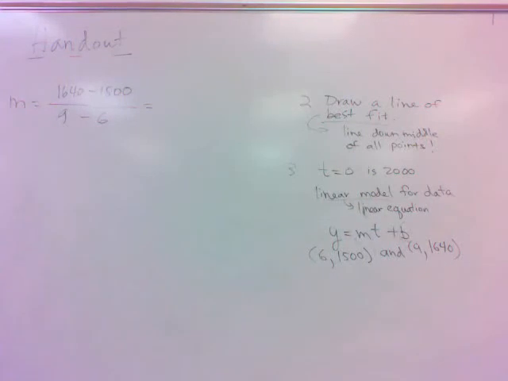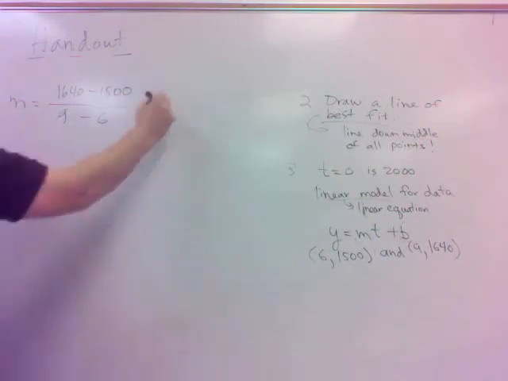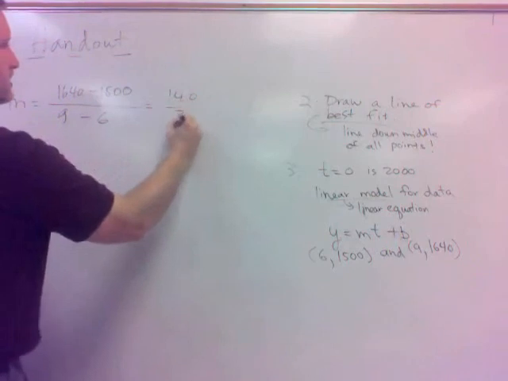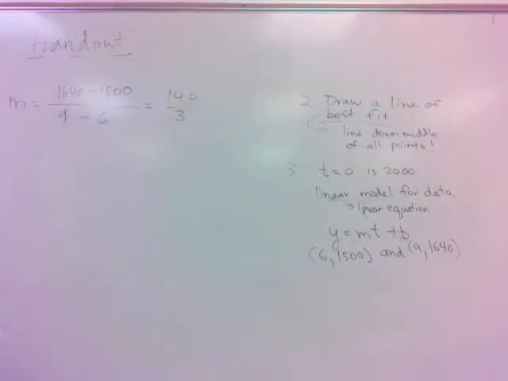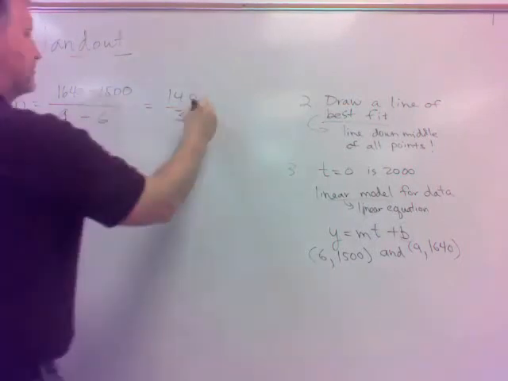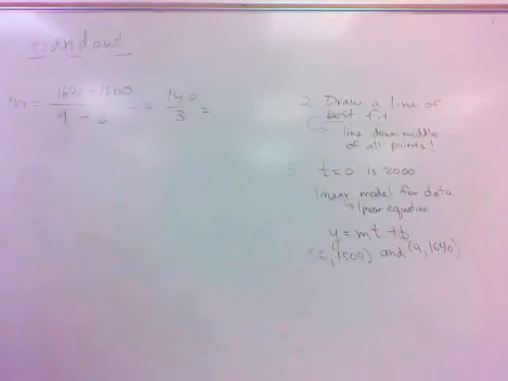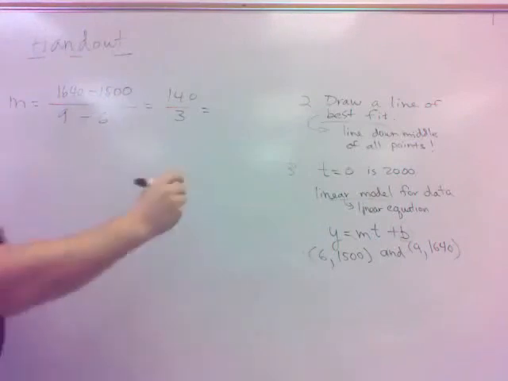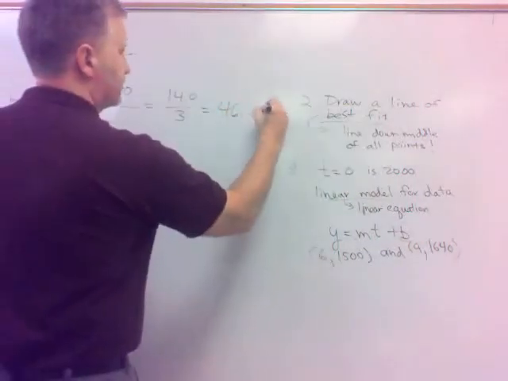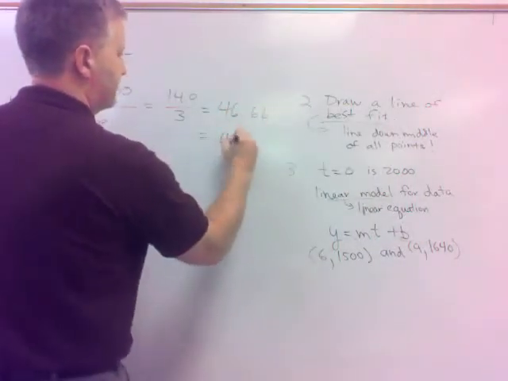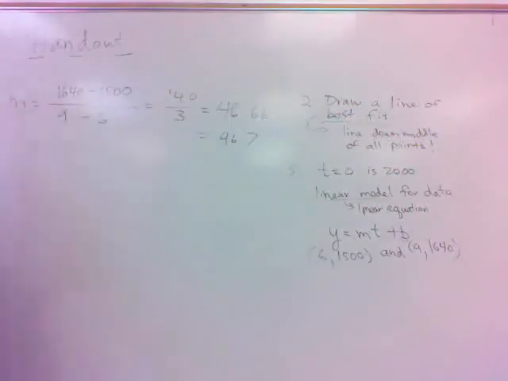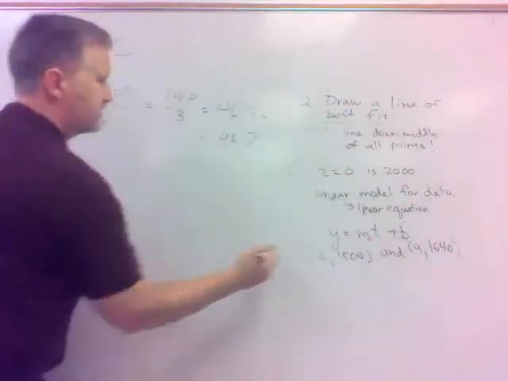Subtract the y's, subtract the t's. 140 over 3, which is a pretty good fraction, but again, since this is data, let's round it off to a decimal place here. What is that? 46.6 repeating. So let's say 46.7. Slope is 46.7. Okay, so now I know my m is 46.7.